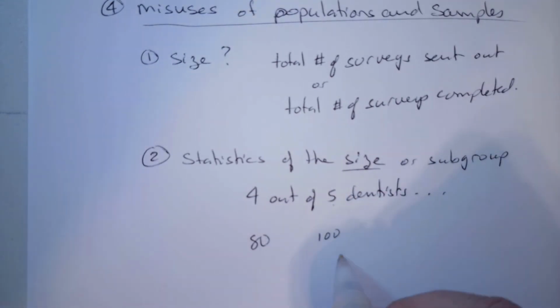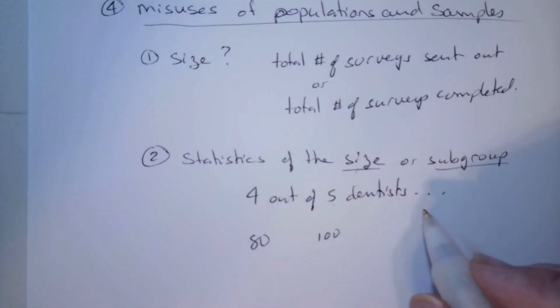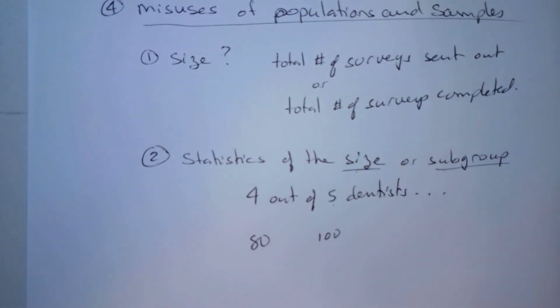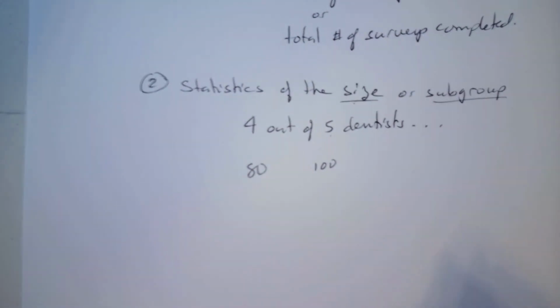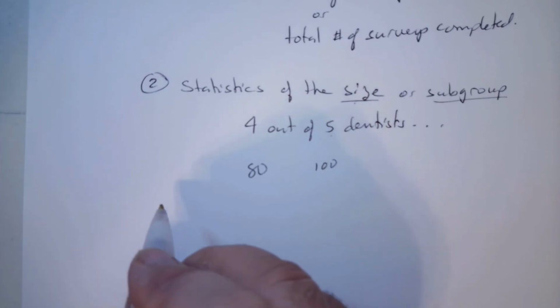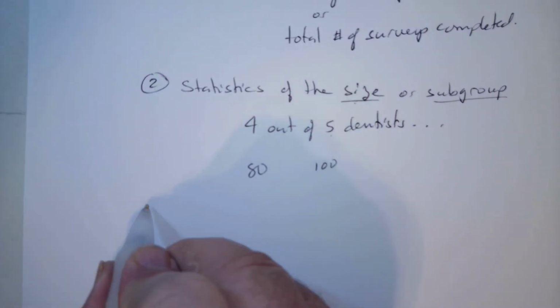Or is it 800 out of 1,000? So, what's the size? Or what subgroup? Dentists in a certain town next to your company. If you ask all the dentists near where they make Crest toothpaste, they all get that stuff pretty much free, the sample size ones. So of course they're going to say, we always give this. So it's statistics on the size or the subgroup that's being used.